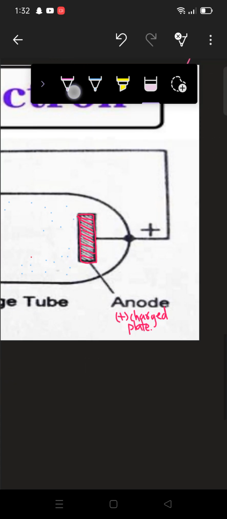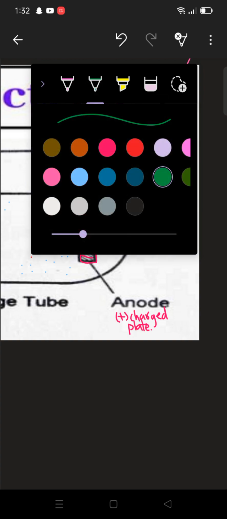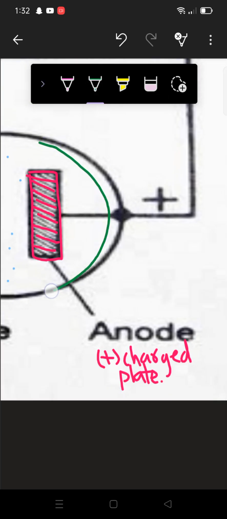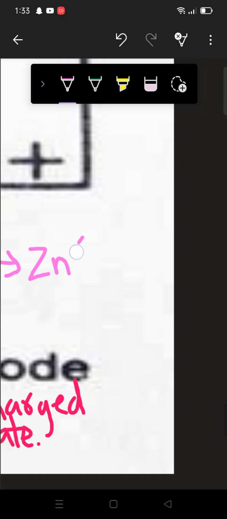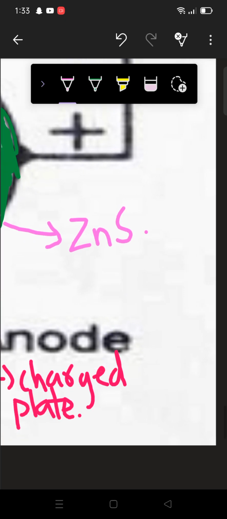Only there was glow on the end plate. Here it was glowing since this whole discharge tube was covered with zinc sulfide, the fluorescent material.